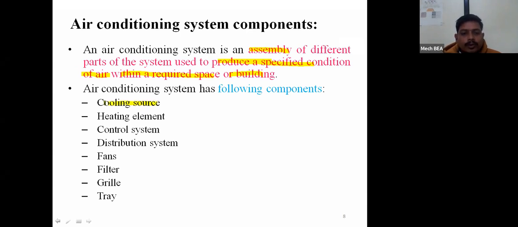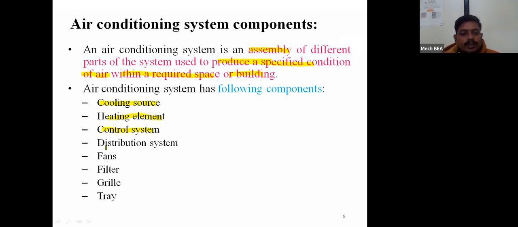As a cooling source, we may use the cooling coil. Then the heating element. As a heating element, we may use the heater. Then the control system.